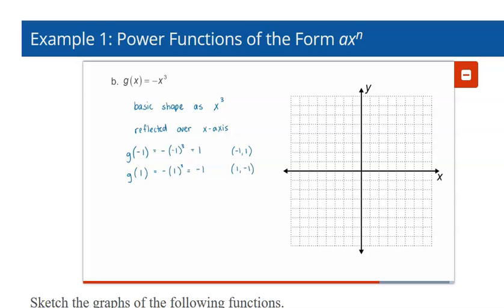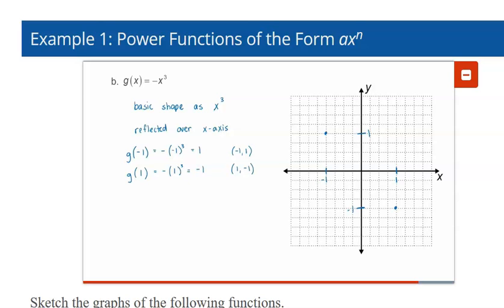I start by labeling my axes. So in the positive x direction, I need to label 1, and in the negative x direction, I need to label -1. In the positive y direction, label +1. In the negative y direction, we need to label -1. So I plot my points, -1, 1, and 1, -1.